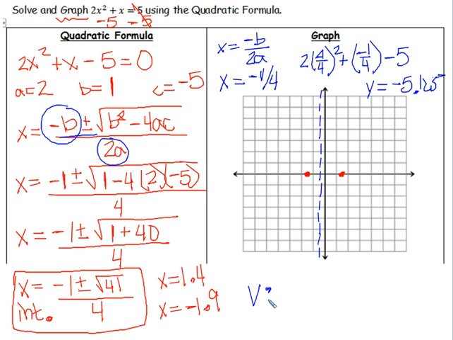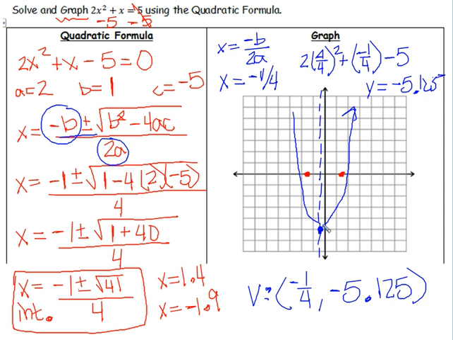Now we can label our vertex since we know the x value was -1/4, and we found the y value to be -5.125. Let's plot that. We already have our axis of symmetry. We've got to go down a little bit more than -5: 1, 2, 3, 4, 5. Somewhere right there. Now let's connect our graph, and make sure yours actually goes through your dots.